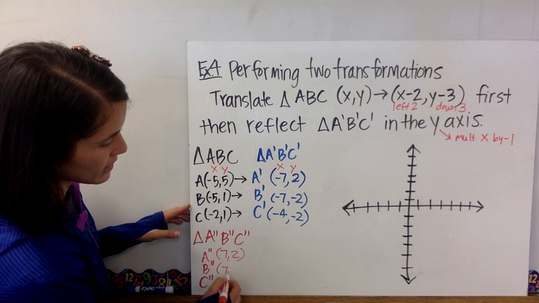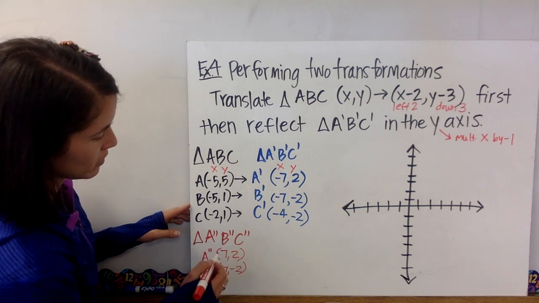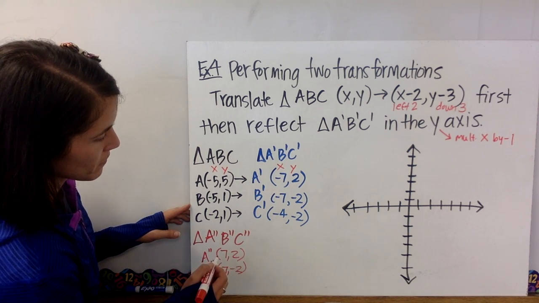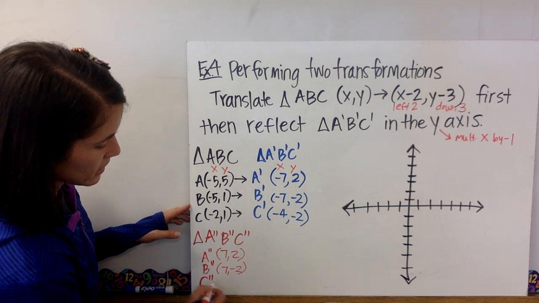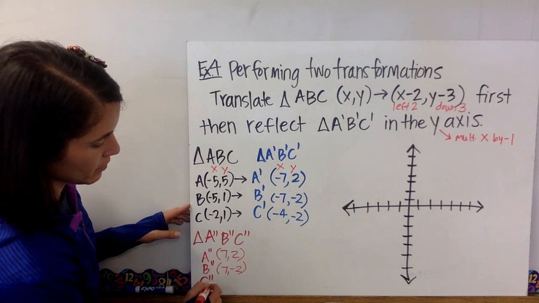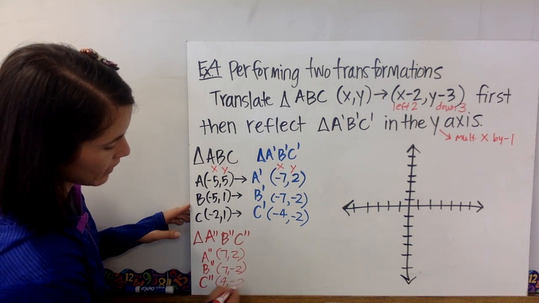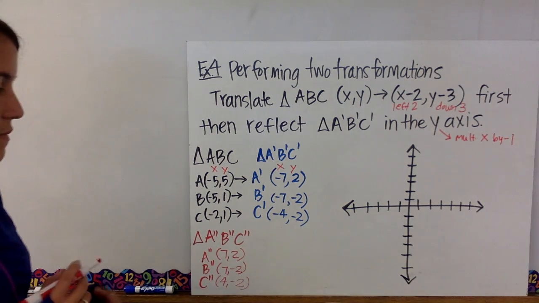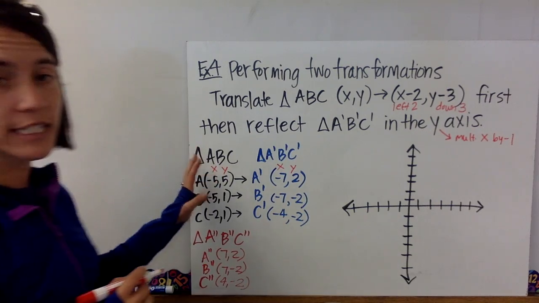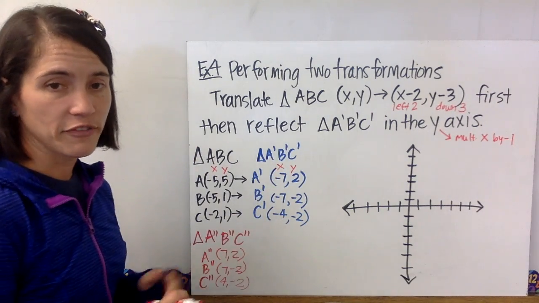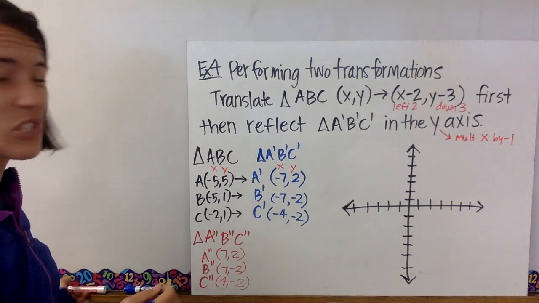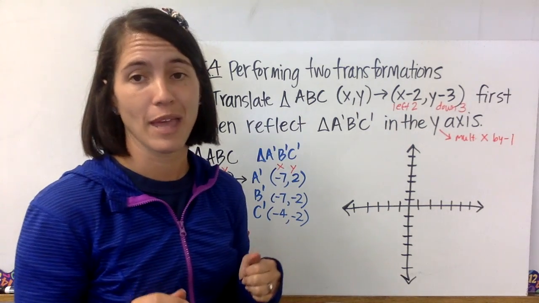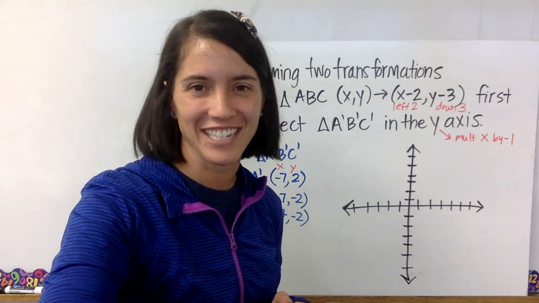B double prime would be 7, negative 2. And C double prime would be 4, negative 2. So I translated it, then I reflected it, and if you want to, you can draw these, and they should come out right. I'm just running out of time, so I'm not going to draw them yet, but we are going to practice more translations in class.